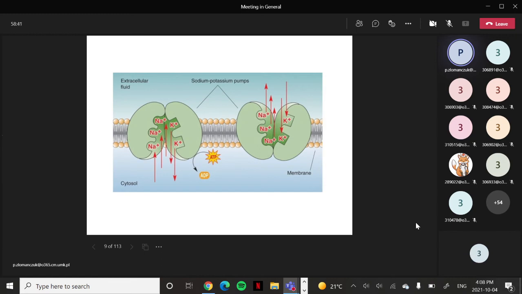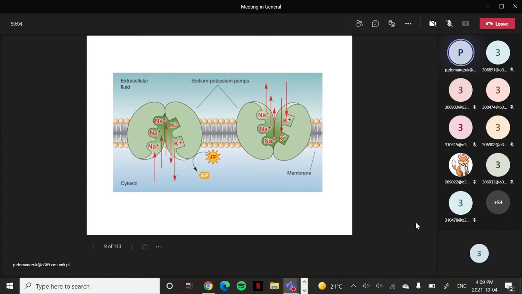So during one turn of this single sodium-potassium pump molecule, as you can see here, 3 ions of sodium are moved towards the outside of the cell. So they are moved from the cell to the extracellular environment, 3 sodium ions.